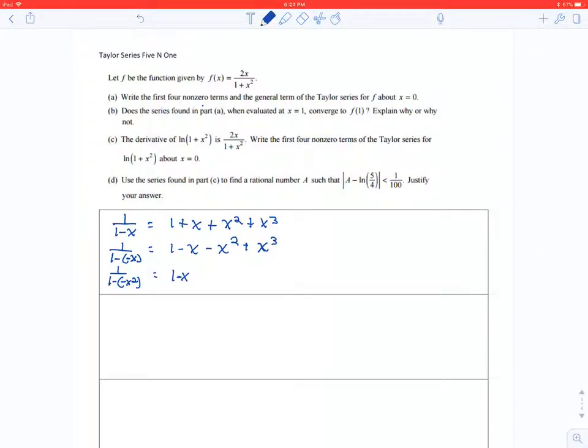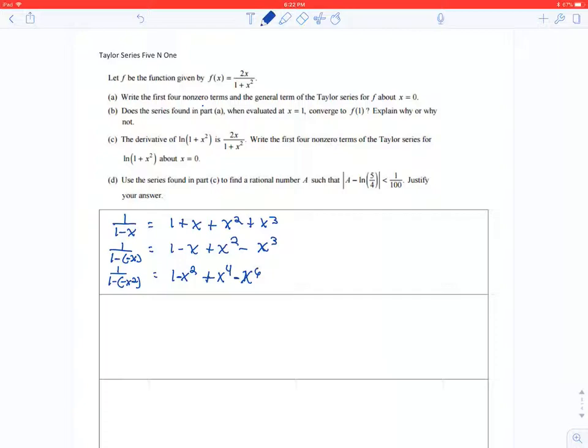Why am I having trouble with alternating today? So it's going to be 1 minus x squared plus x to the fourth, minus x to the sixth.